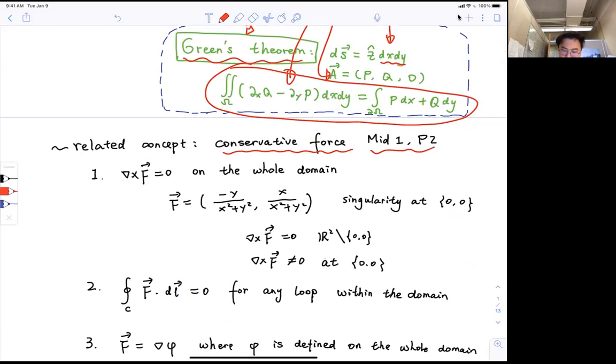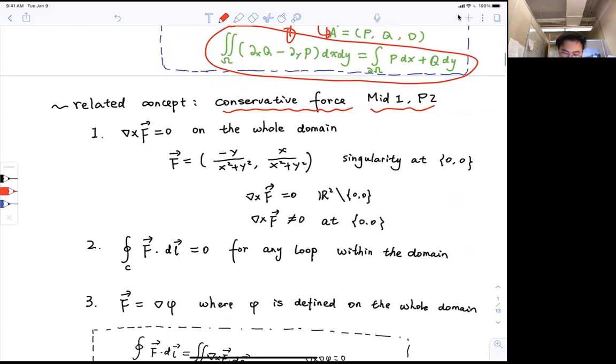Give me a force, and you need to tell whether this force is conservative or not. So there are several ways to do it. First one is to calculate the curl of this force. If this curl, del cross F, equals 0 on the whole domain, then it's a conservative force.